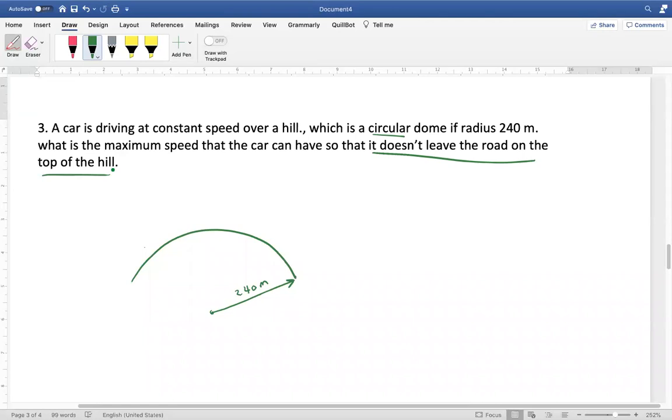What can you understand from this problem? What does it want you to solve? Anyone?